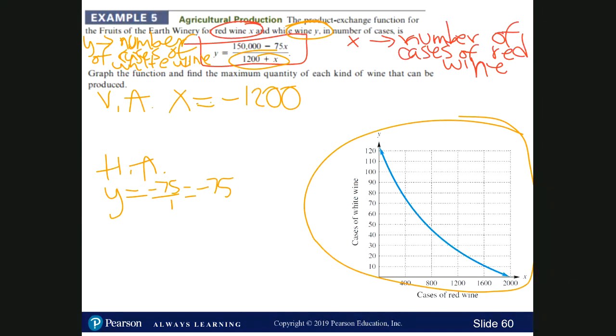To find the maximum quantity that each kind of wine could be produced, we're going to focus on the x and y intercepts. The y-intercept happens to be the point (0, 126). What that tells me is that if we produce 0 cases of red wine, we could produce 126 cases of white wine.